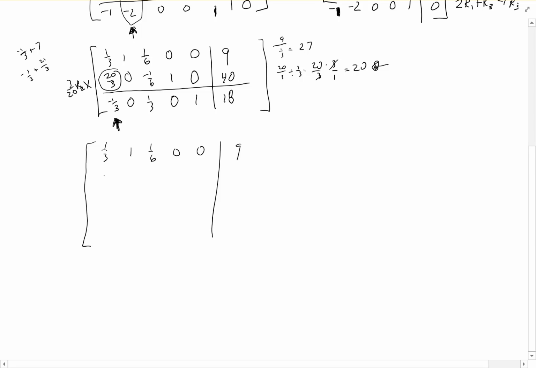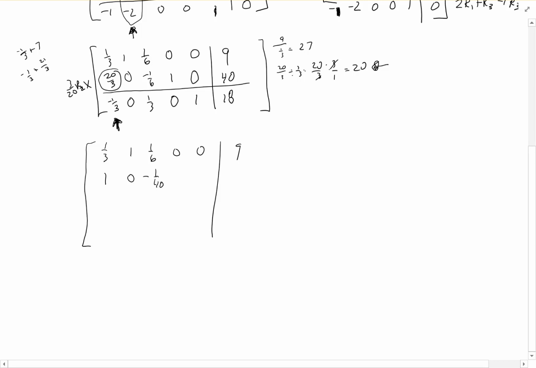3/20 times 20/3 would be 1. 3/20 times 0 is 0. 3/20 times negative 1/6 will be negative, let's see, I can cancel the 3 out of there, so negative 1/40.